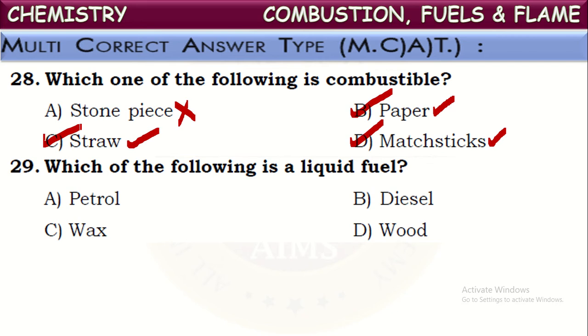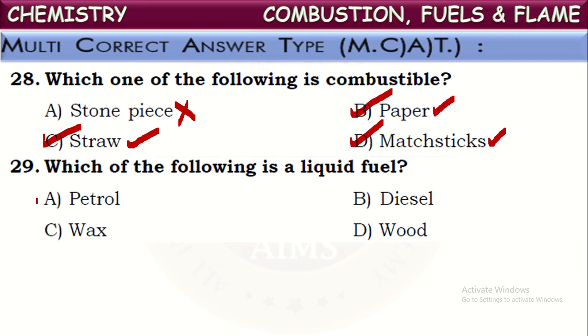Which of the following is a liquid fuel? See, fuels can be classified into three types based upon their physical state: solid fuels, liquid fuels and gaseous fuels. Here some fuels are mentioned and we are asked to identify the liquid fuels among these.